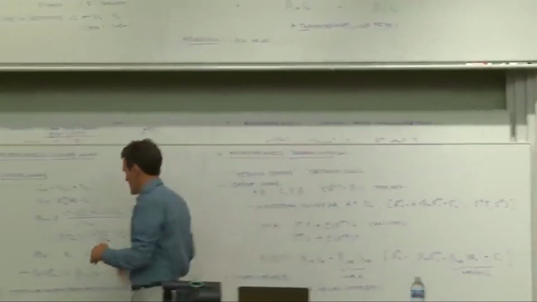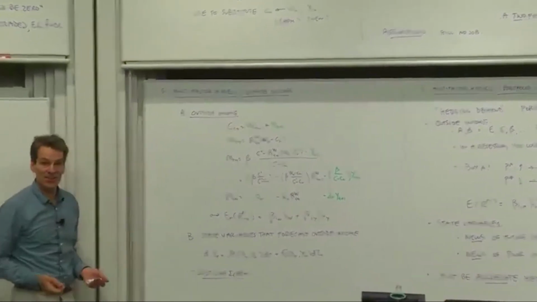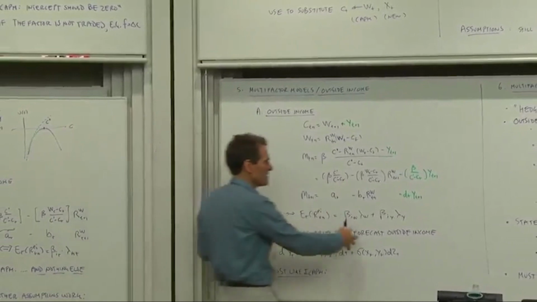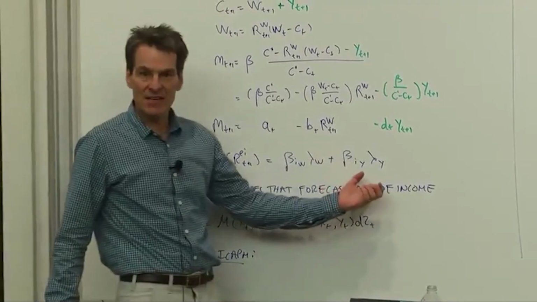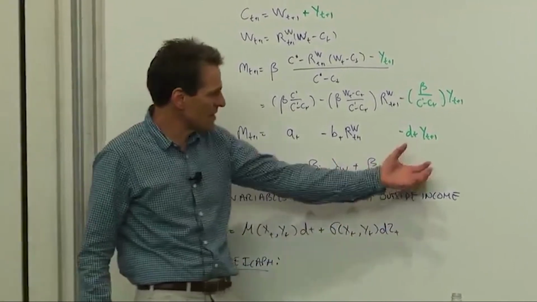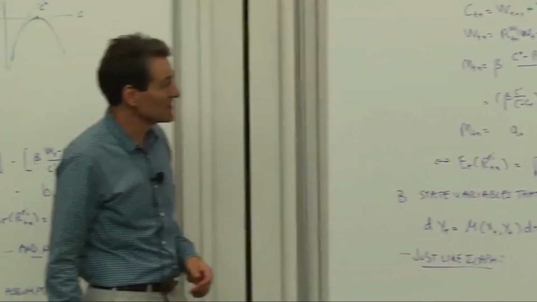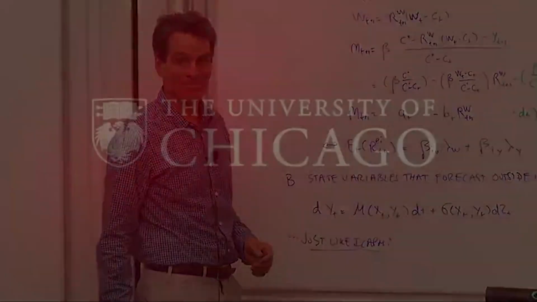So when we add outside income and we add state variables for outside income, we just keep expanding the set of things that could be additional factors. The wealth portfolio, outside income shocks themselves, news variables that are news about future outside income shocks, variables that are news about future investment opportunities. We're starting to get a fairly large zoo of factors, but that's where we're going.